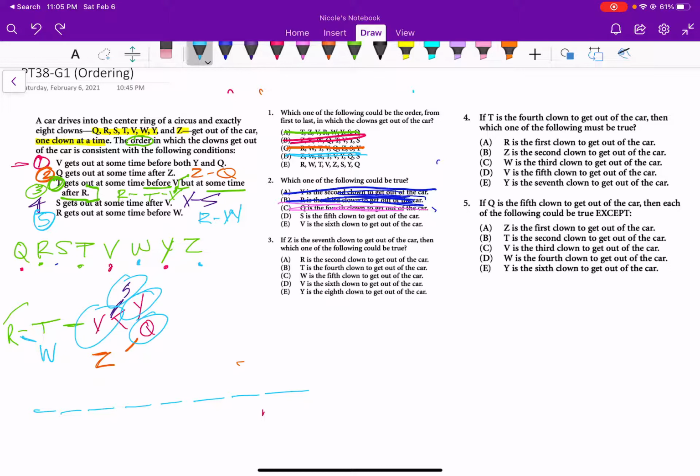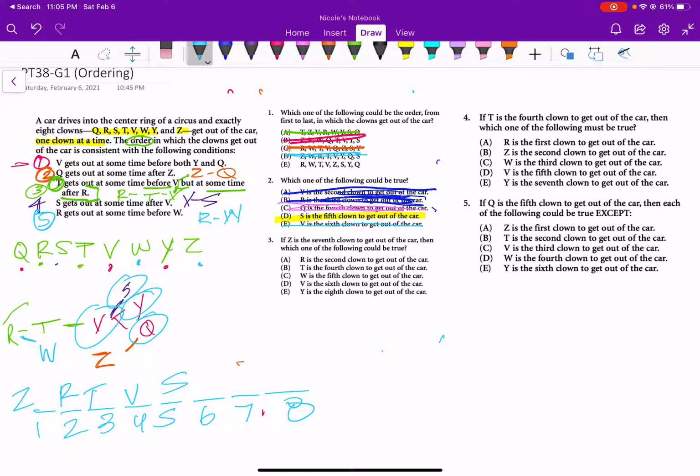If we're still nervous about selecting answers, you can see how D is correct, because if we were to try it, if we were to put S in fifth, so 1, 2, 3, 4, 5, how this could potentially work is we know that V has to be in front of S, so does T, so does R. We could put Z in first potentially.